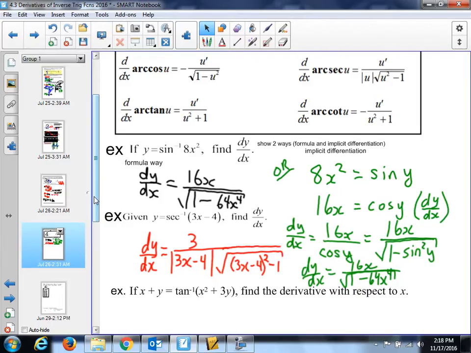Super simple. We can just leave it like that, right? You guys good with this? So you see how I just applied the formula there?